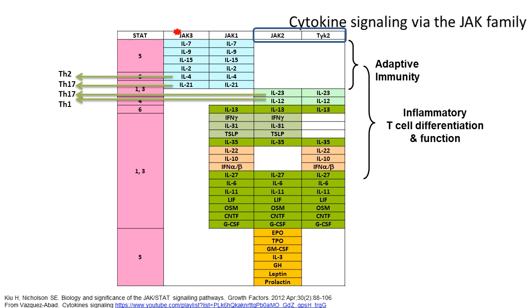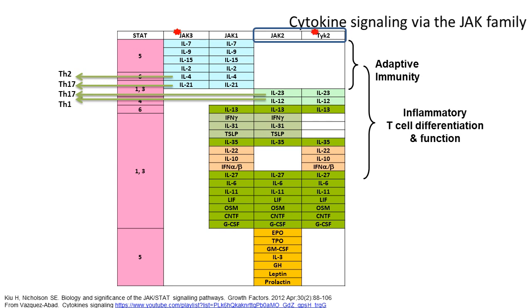So when we look at our hypothetical inhibitor of JAK3, that particular drug would not be able to modulate or inhibit a Th1 differentiation mediated by interleukin 12 because JAK2 and TYK2 would still be available for signaling and activation.